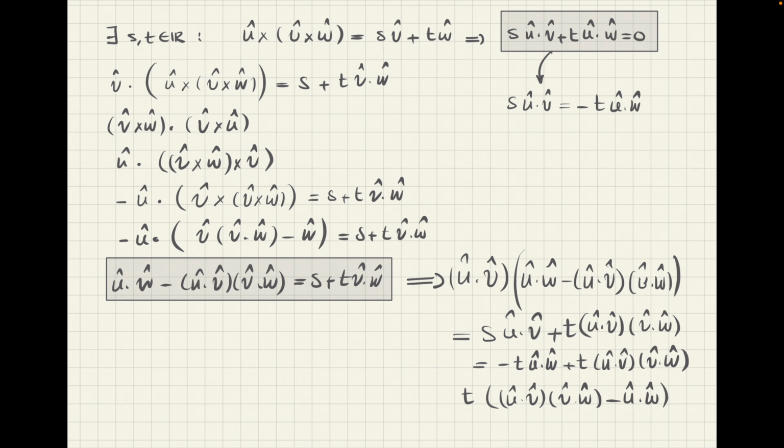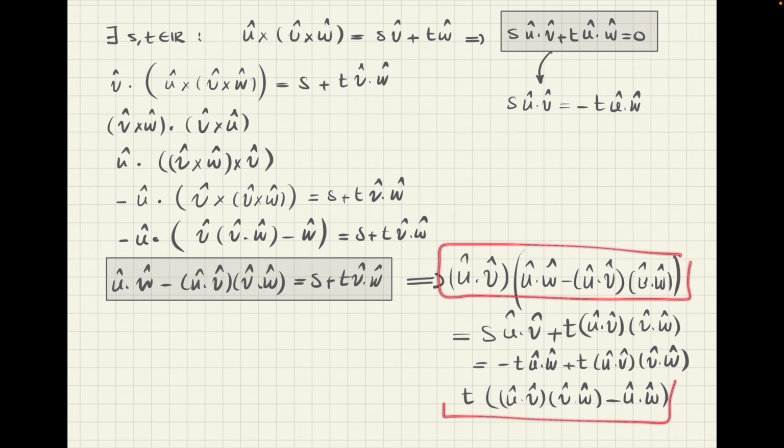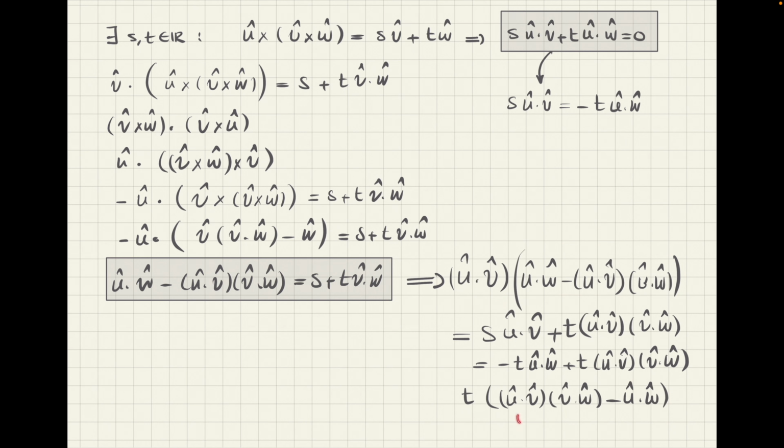Now look here, the left-hand side is this, the right-hand side is that one. So what I can do, I can move this to the left-hand side, and then you see that this factor is exactly this factor, but this minus sign is here. So when I move it to the left-hand side, this becomes positive, this becomes negative, and that becomes exactly this factor. So let me just write it here.